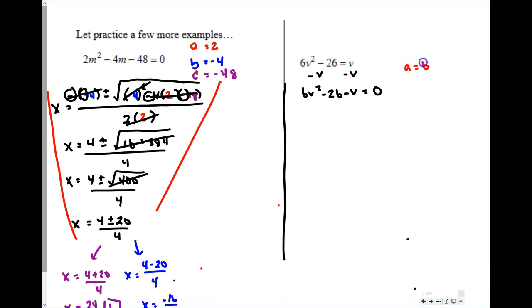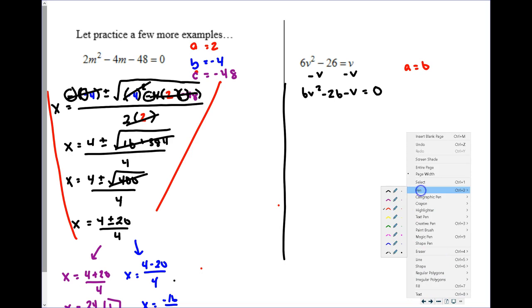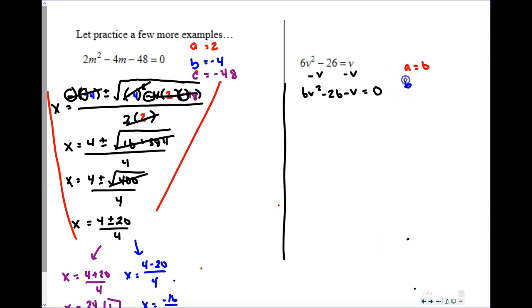Okay? Now I'm going to label my a, b, and my c. A equals 6. B equals negative... Now here's a really good point. I'm stopping myself right here because I did something interesting. See how I didn't put it in standard form? I put the 26 first. So I'm going to rearrange this, and I should have done it the first time.